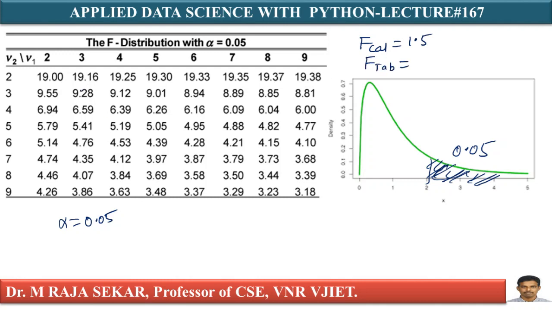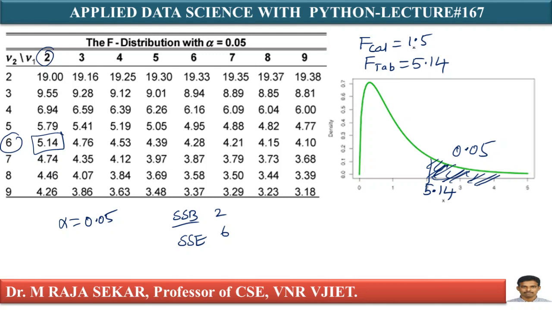What are the numerator degrees of freedom? SSB degrees of freedom is 2, and SSE degrees of freedom is 6. So 2 comma 6, that is 5.14. My tabulated value is 5.14.